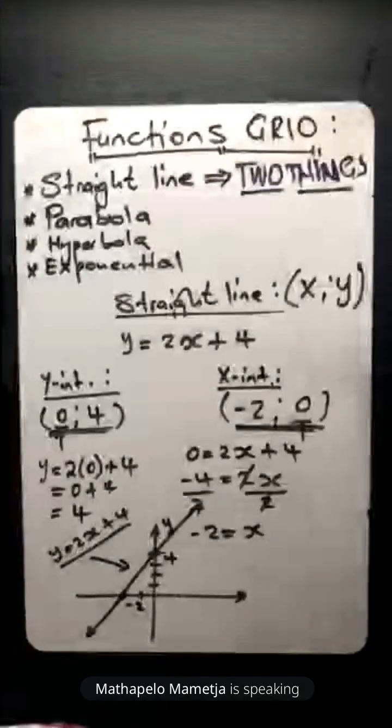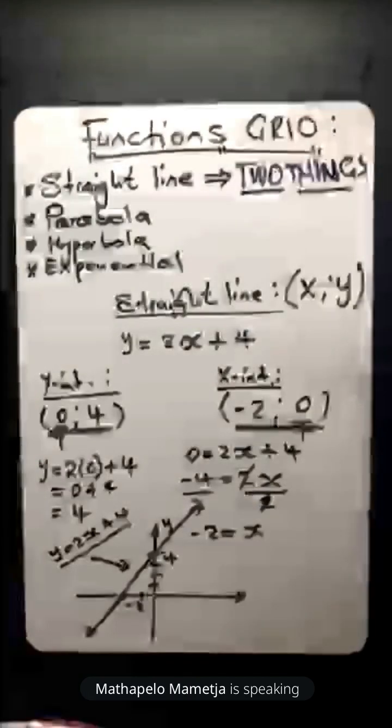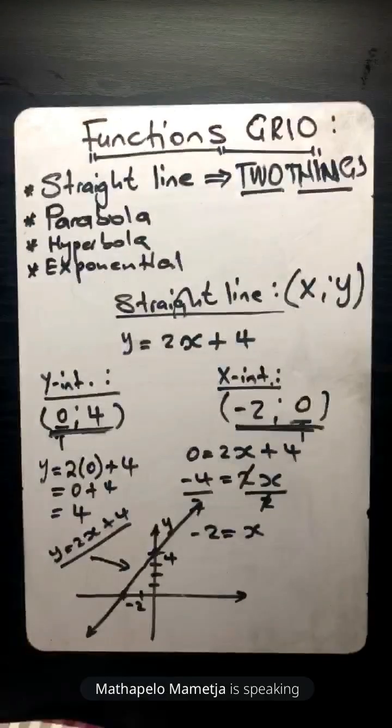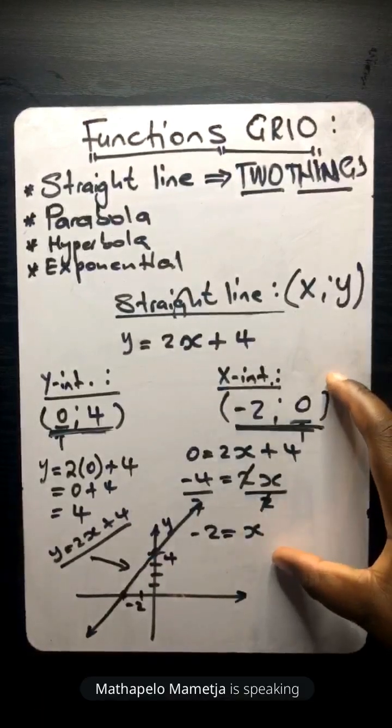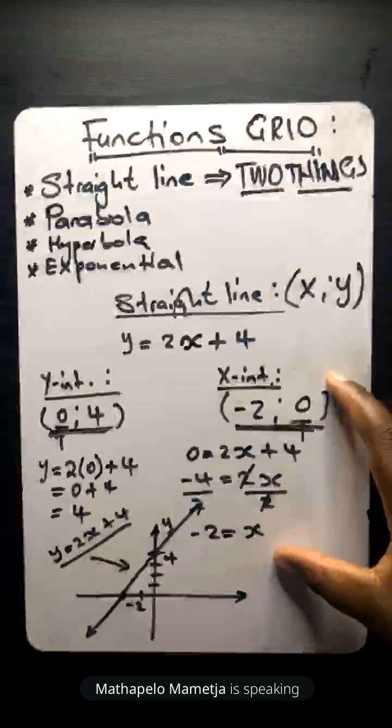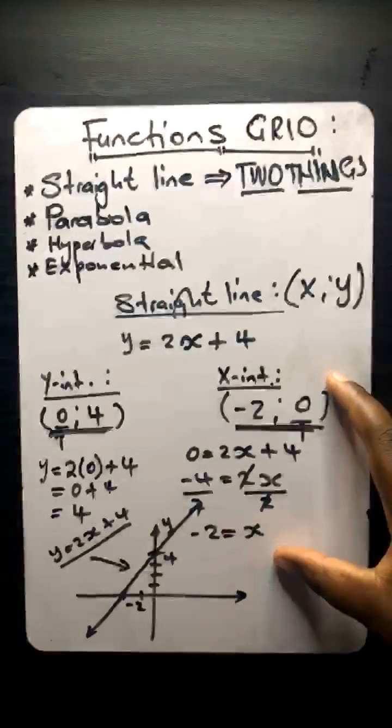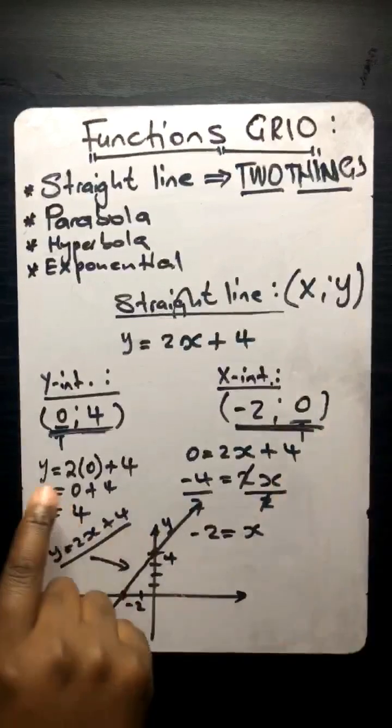Sir, like I don't understand. Yes. More y-intercept is equals to 0,4 and more x-intercept is -2,0. After that, you say 2 into 0 plus 4. How? Let's see, 2 into 0. Are you referring to this one?